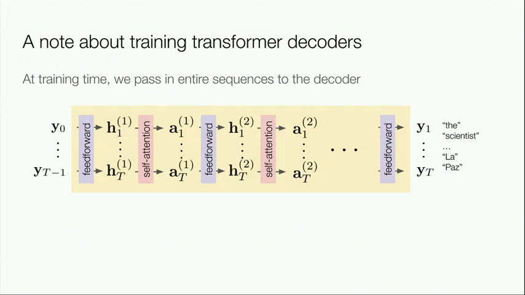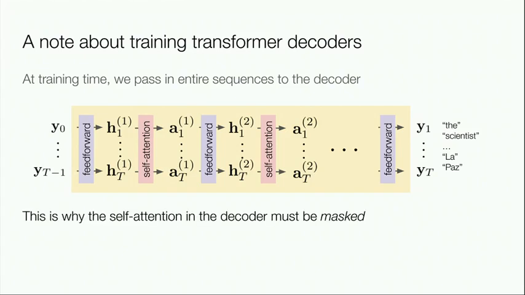Not only is the decoder not going to learn anything useful, it's going to learn something that's not even applicable at test time because it's generating its own input, so we can't feed in something that it hasn't generated yet, right? So this is why the self-attention in the decoder must be masked, which means that it has to be prevented from looking at the present and the future.